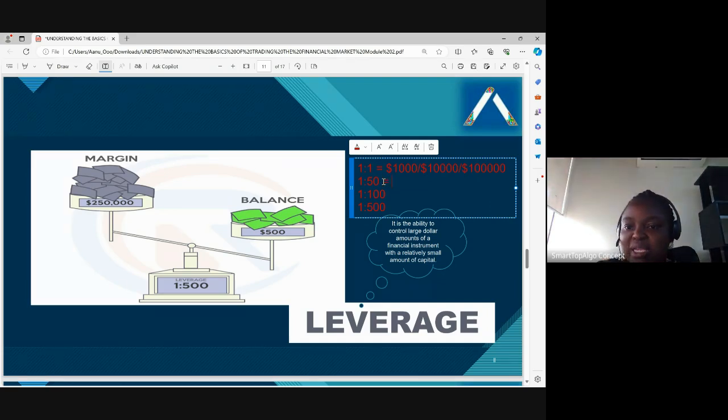Now, if you choose a leverage of 1:50, how does this work? If I want to use $100,000 and I pick a leverage of 1:50, how do you know what you are controlling?